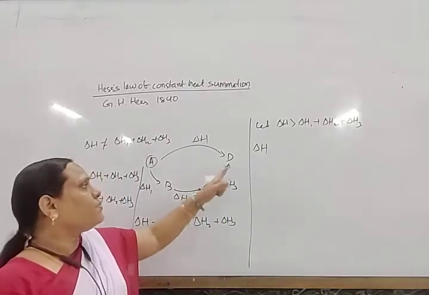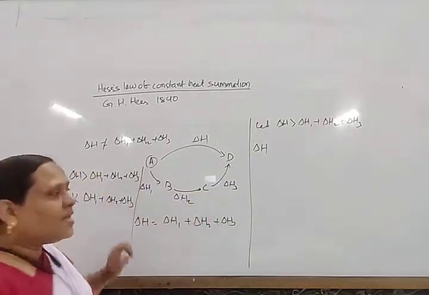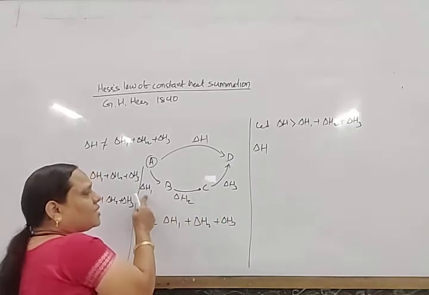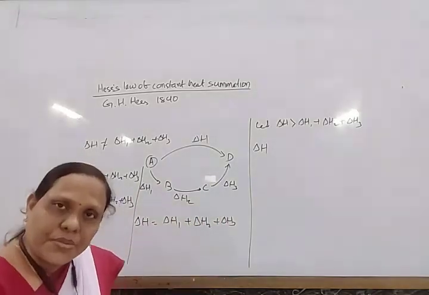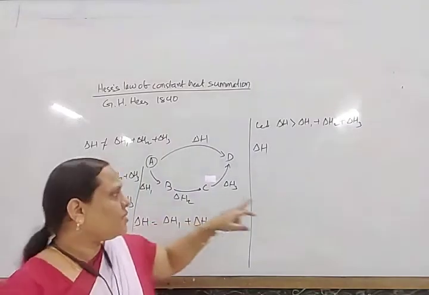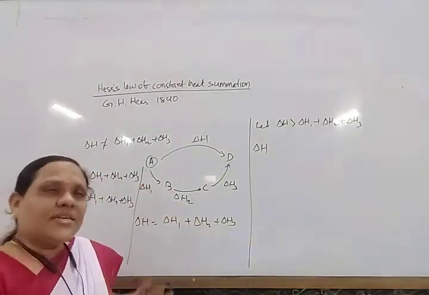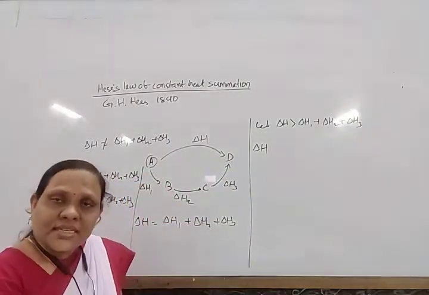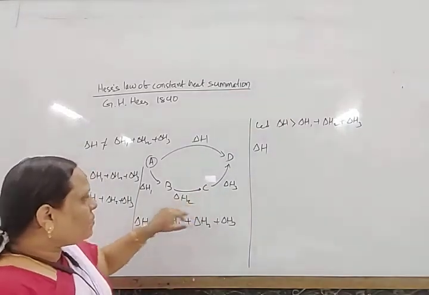Then when it goes from D to A, what happens? Then del H3, del H2 and del H1 amount of heat is absorbed. A to D heat is produced, and D to A that amount of energy is absorbed.